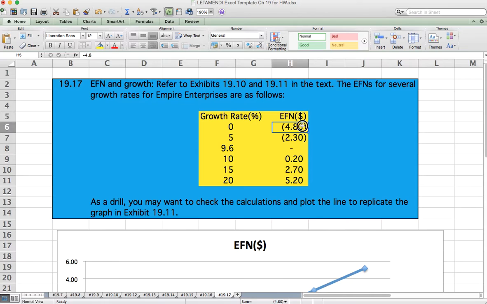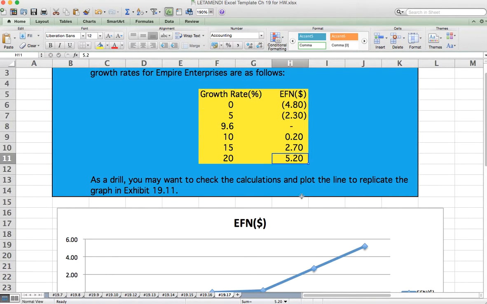And EFNs of negative 4.8, negative 2.30, nil, 0, 0.20, 2.70, and 5.20.